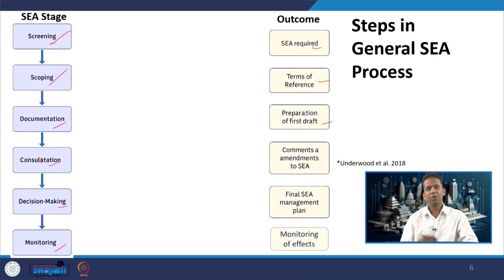Consultation can be with the stakeholders, with the public or with executive or strategic level people, and it can give us comments and amendments for SEA. At decision making, we will get the final SEA management plan, and at the monitoring stage, monitoring of effects will take place.